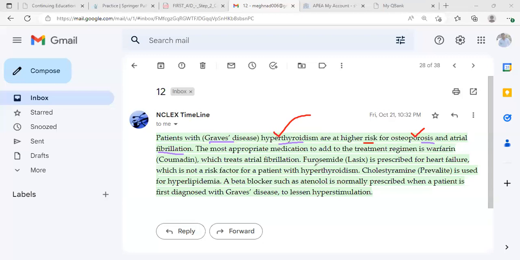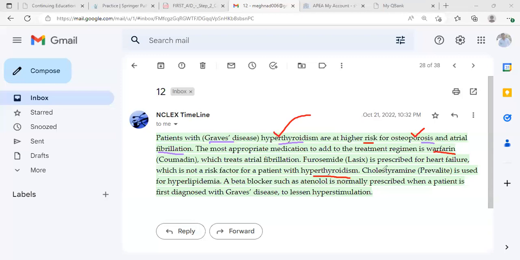Another medication is called a diuretic, Lasix or furosemide, prescribed for heart failure patients, which is not a risk factor for the patient with hyperthyroidism. So if a patient has hyperthyroidism and heart failure, we can give Lasix. If a patient has hyperthyroidism with atrial fibrillation, we give them warfarin.